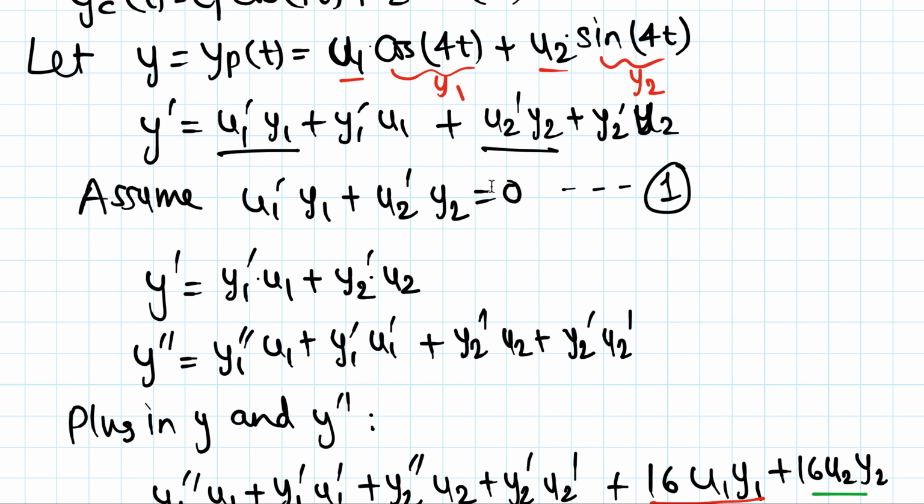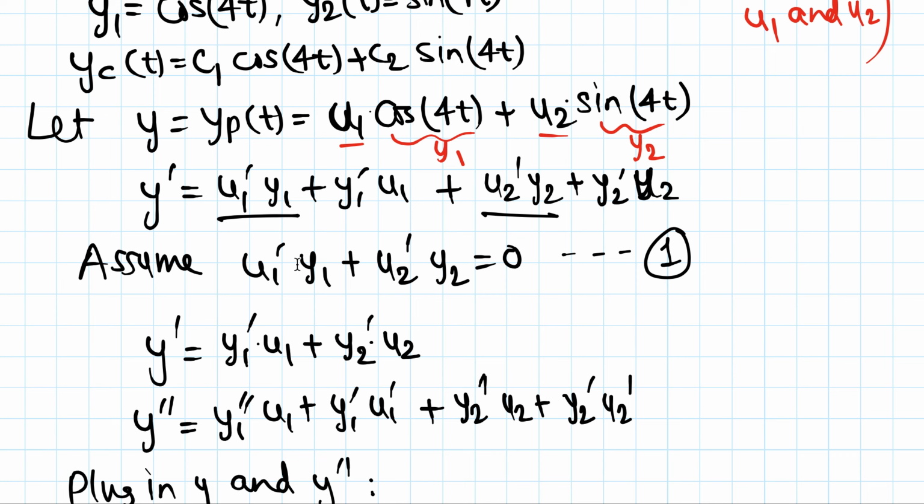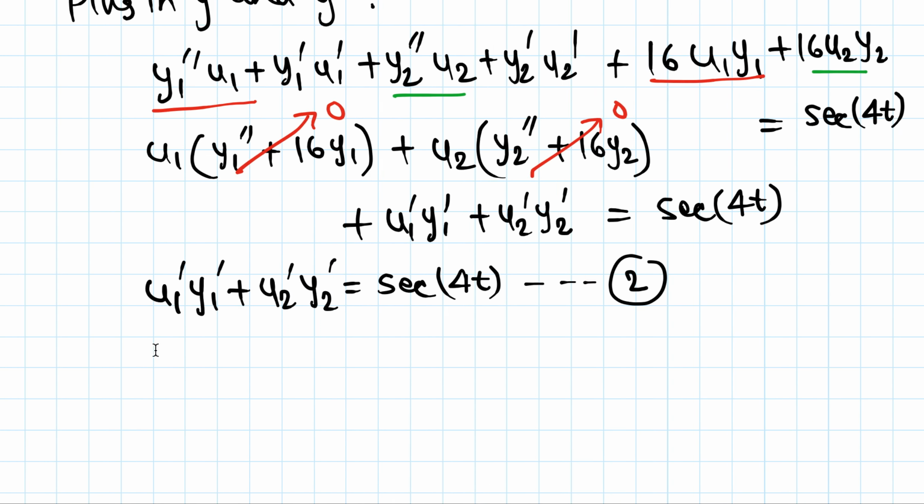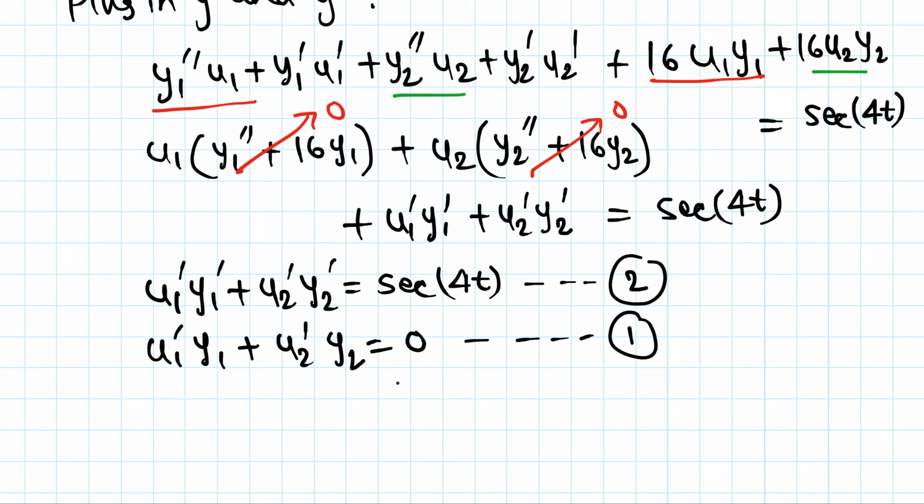The first one is equation 1, let me write side by side: u1 prime y1 plus u2 prime y2 equals 0. That we assumed to make our life easier. That is always the case. And after plugging in, we have this situation.